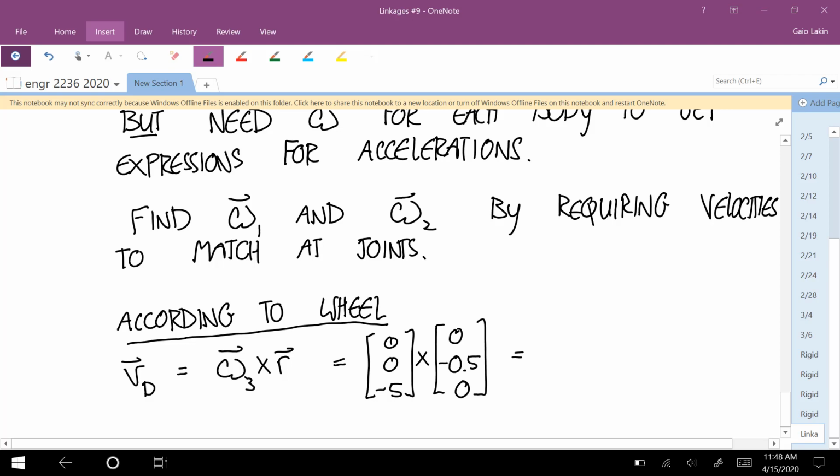And so the velocity at that point D is equal to -2.5 for x, 0, 0. This is meters per second.